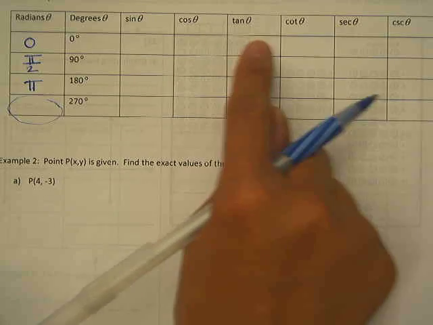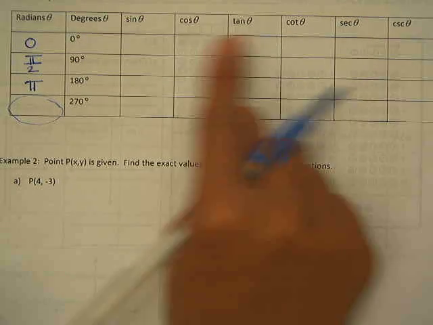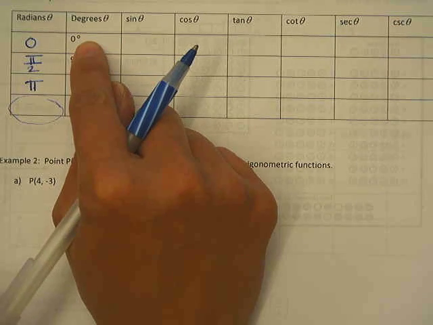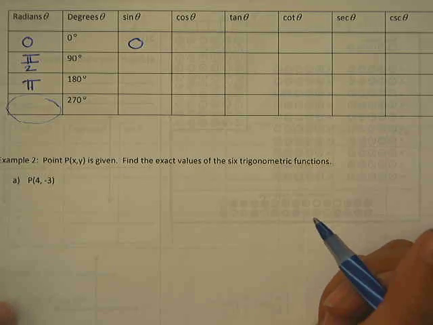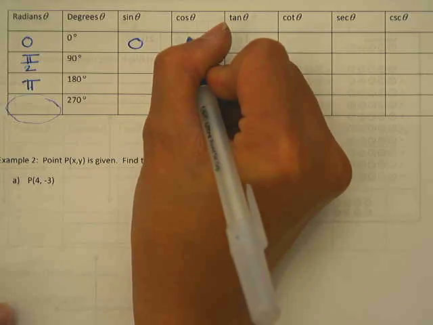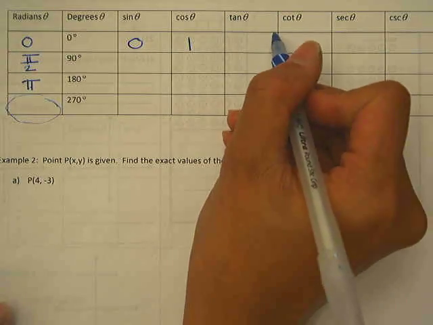There are 6 boxes here. I'm going to do 4, and then your job is to fill out the other 2. So sine of 0 degrees is going to be 0. Cosine of 0 degrees is going to be 1. Your job is to fill out tangent.